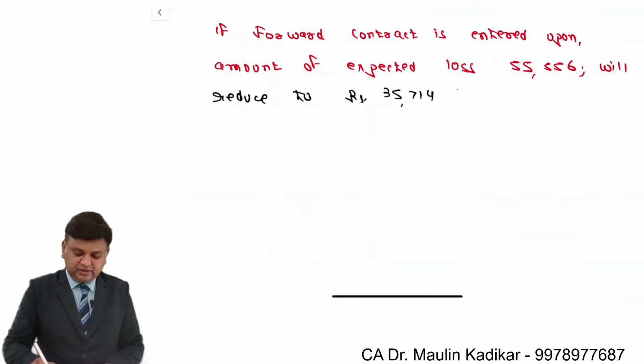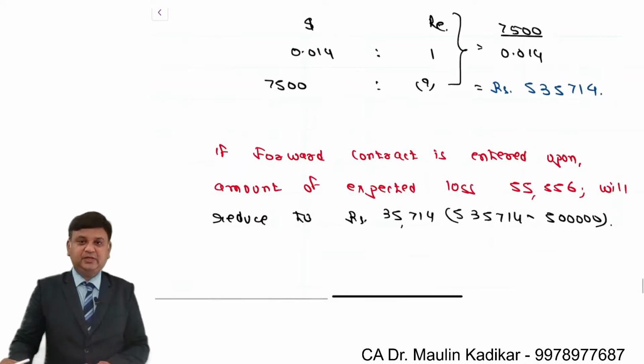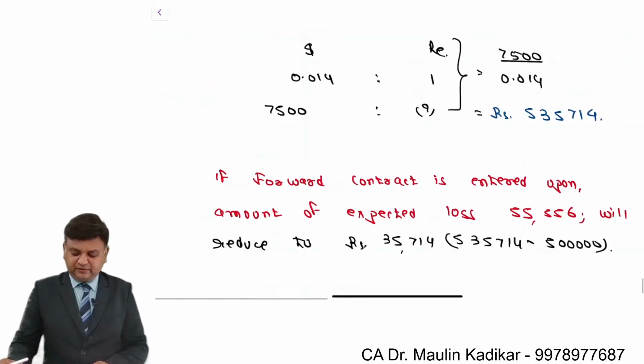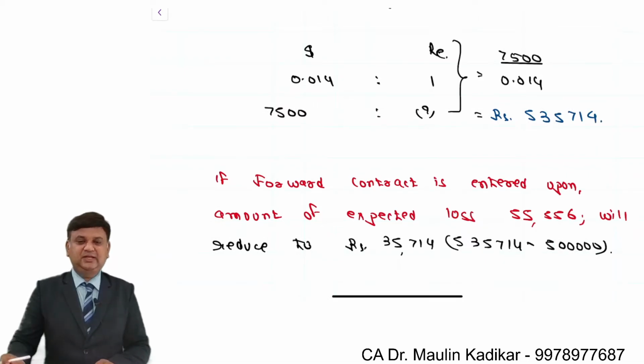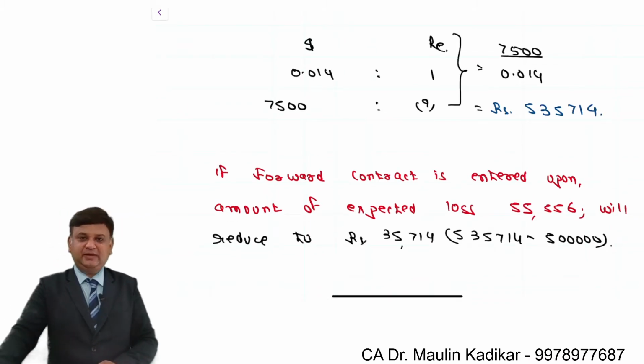How is it calculated? 5,35,714 minus 5 lakhs. So the amount of expected loss 55,556 will reduce to 35,714. This is what we understand. So this is the way the profit or loss can be calculated by entering into the forward contract.